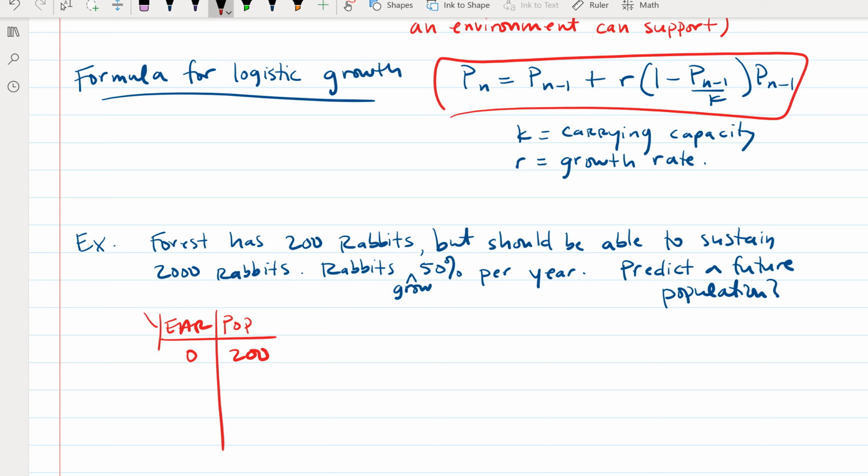So Pn is our final amount. So predict a future population. Let's go ahead and figure out P1.